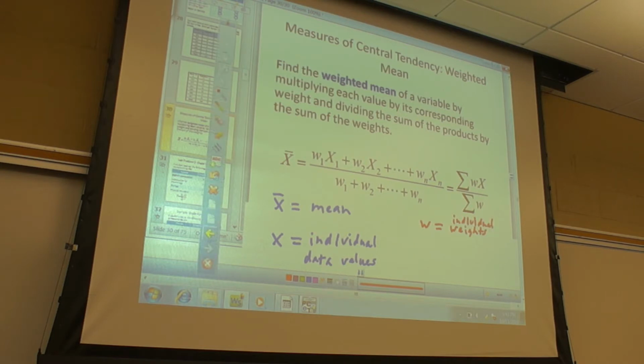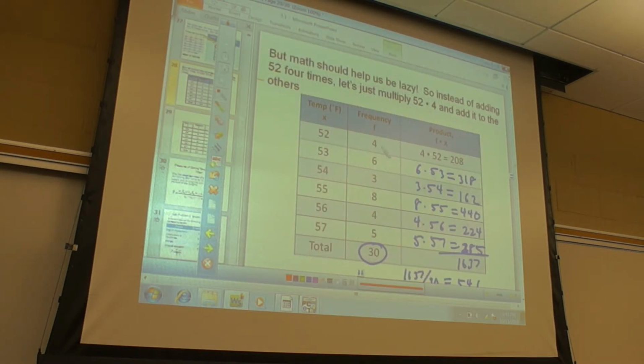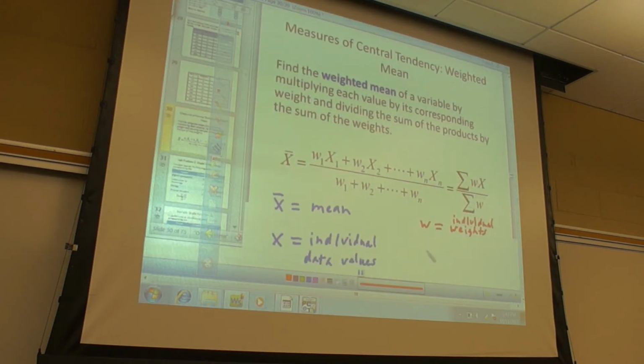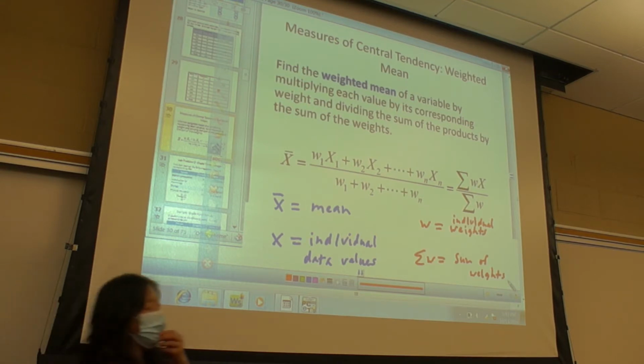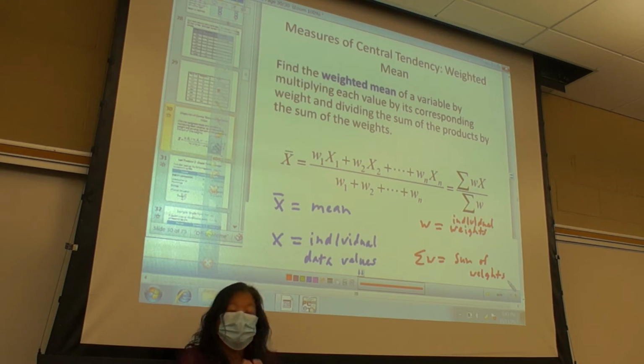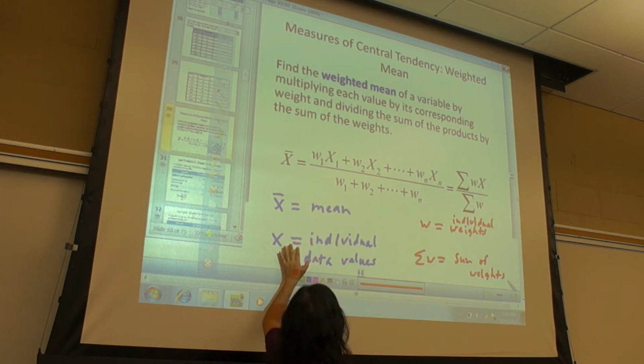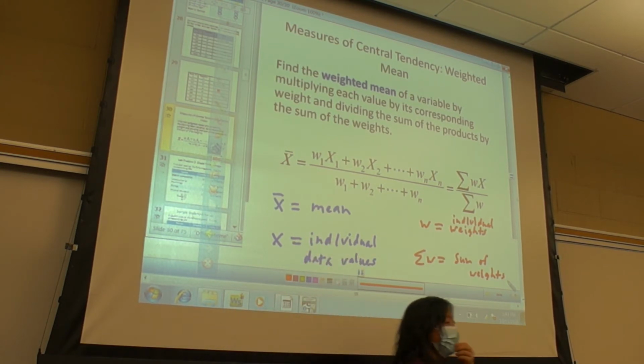All right, so like in our example, 52 had a weight of 4. Everybody with me? So the X of 52 had a weight of 4. And then the sum of the weights, well, that's the sum of the weights. You add them all up. So the X's are your variables, the things that vary.